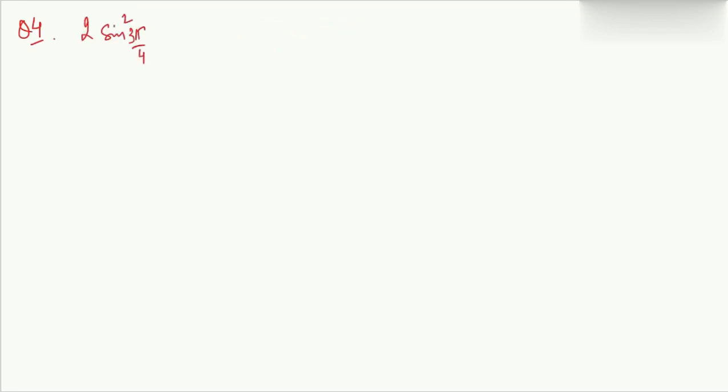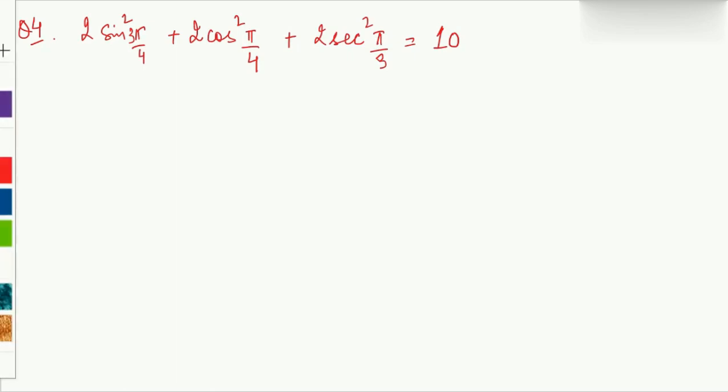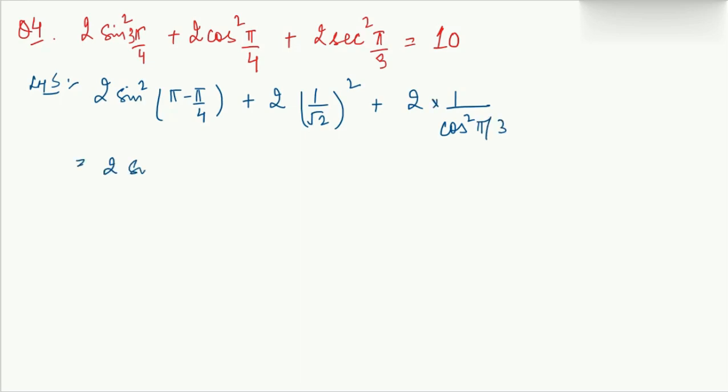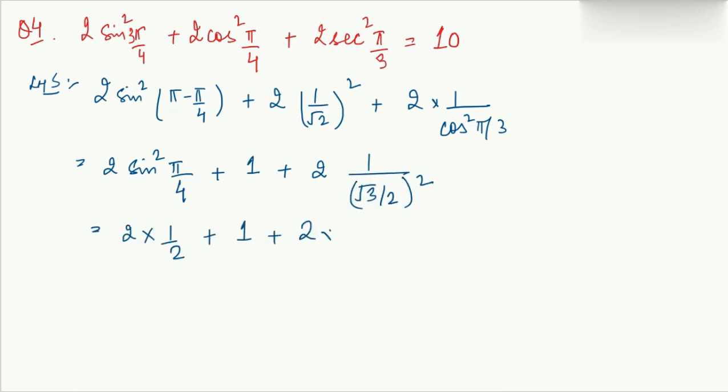Question number 4 is 2 sin² 3π/4 + 2 cos² π/4 + 2 sec² π/3 is 10. So taking the left hand side, we can rewrite sin 3π/4 as sin (π − π/4). Cos π/4 is known. Sec² π/3 can be rewritten as 1 by cos² π/3, whose value is known.